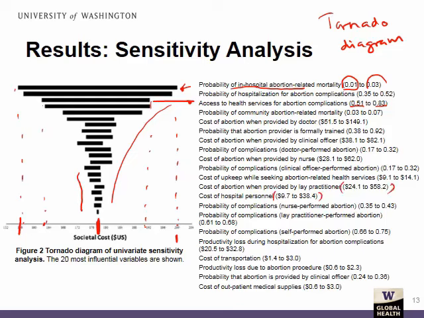So we say that the model is robust to the ones down here and sensitive to the ones up here. But for this particular analysis, the most sensitive parameter wasn't too sensitive, because it only changed the base case estimate from 177 to 200, and from 177 to maybe 160. So it was a relatively robust result for this modeling exercise.